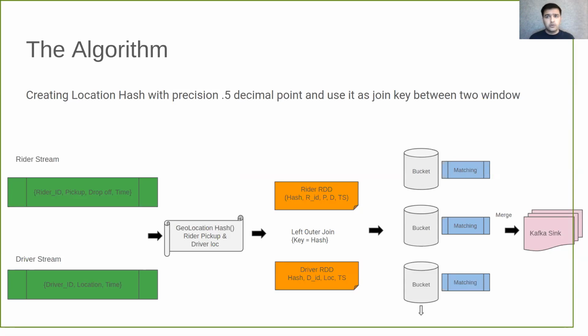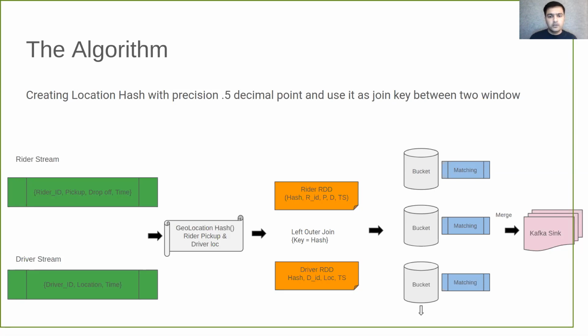I'm not sure though, I don't know the exact number, but it represents around 10 kilometers of radius. After creating a geolocation hash, I'm assigning that hash as the RDD key, and all the other parts as the value. So in my case, if you can see in the orange box, that hash is part of the key, and all the others are values.